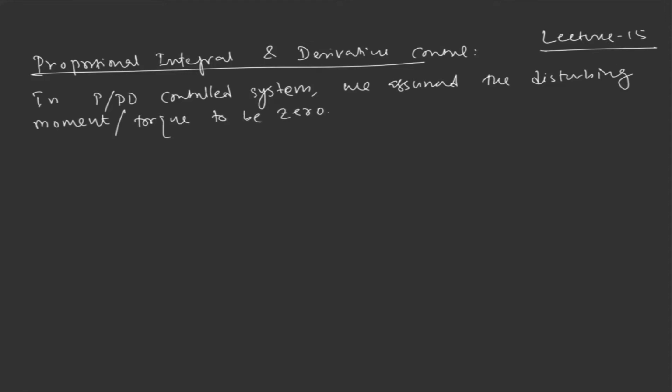But in practical problems, in real life problems, we generally can't ignore the disturbance. There is always disturbance. Suppose the aircraft is flying, there can be wind disturbance, for example.